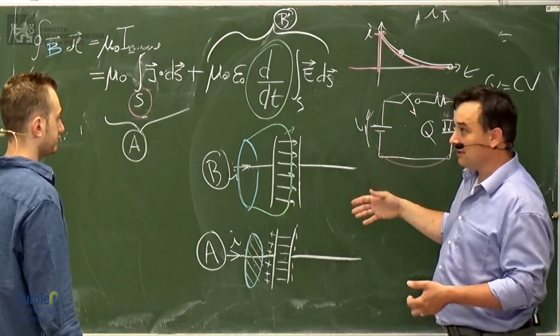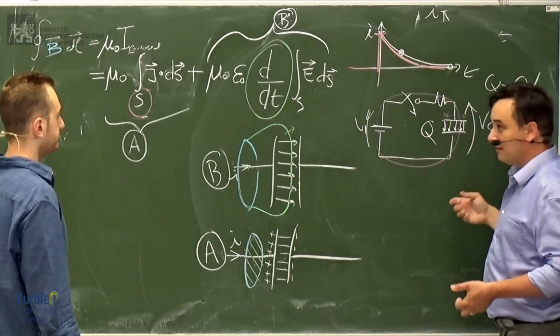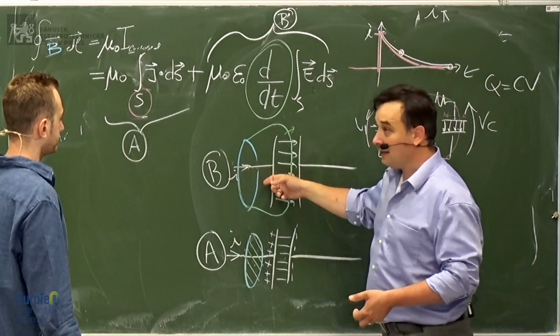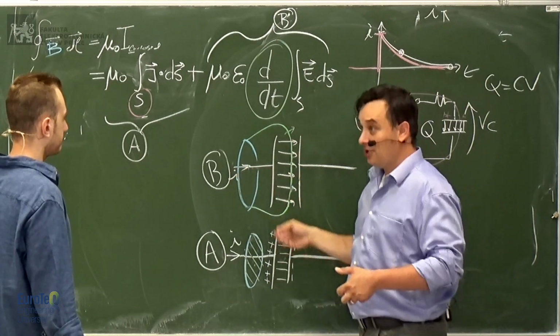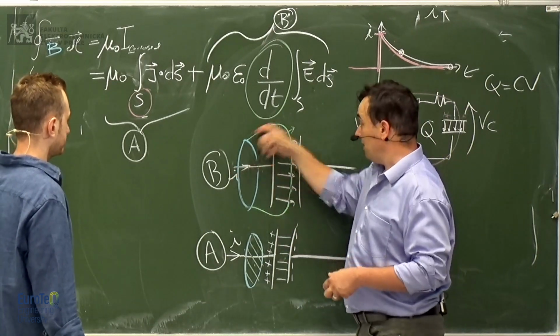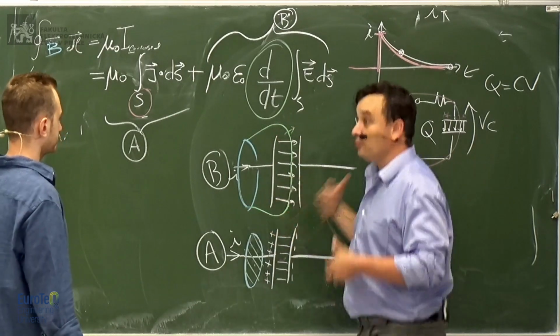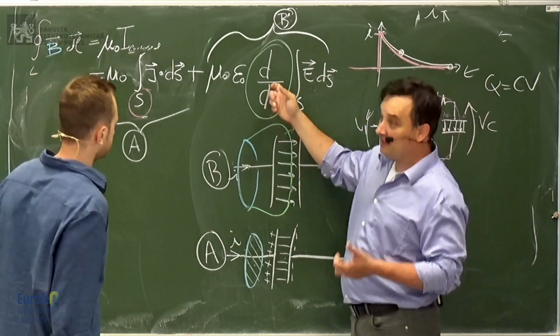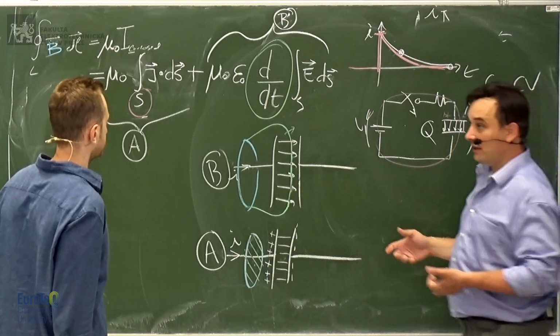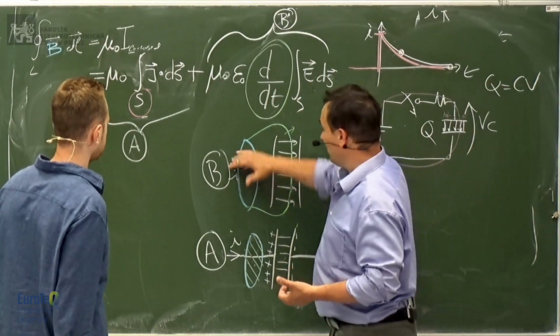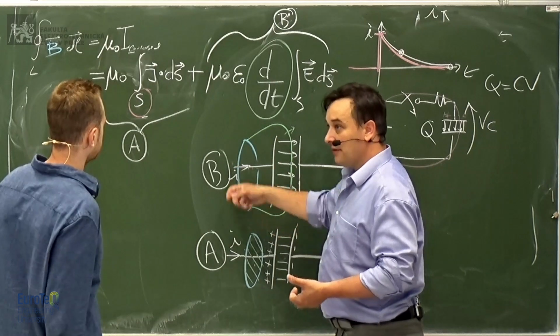Because with a constant current you always have a transient, okay? If you have a current in this situation, it changes. And if it changes, it means that here you have an electric field which is changing. Therefore, you have a derivative of the electric field, okay? So always try to remember what changes here if I have a current.